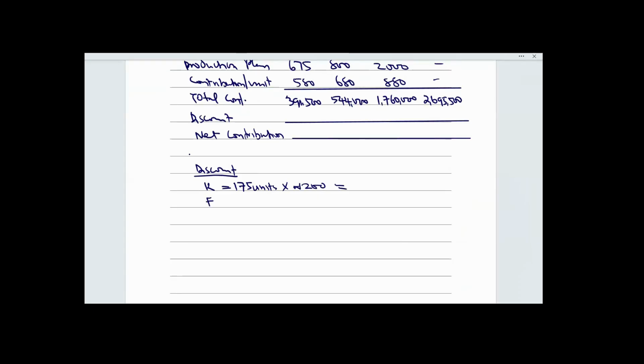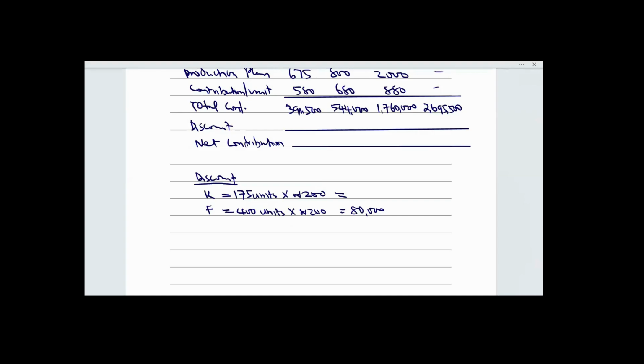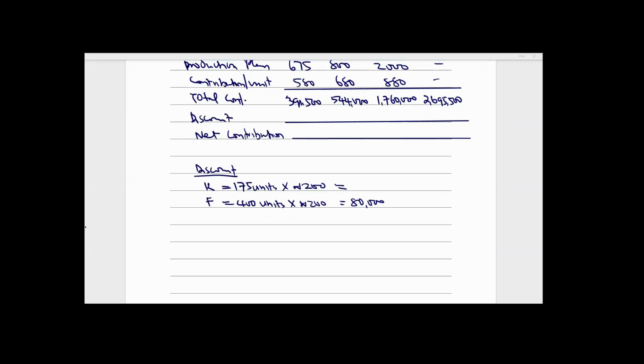Then for F, we are producing 400 units multiplied by a discount of 200 naira. Here will be 80,000 naira. Then 175 multiplied by 200, is that 35,000? Let me confirm. 35,000 naira. When you add the two together, that will give us 115,000.